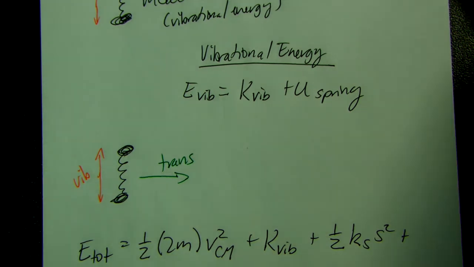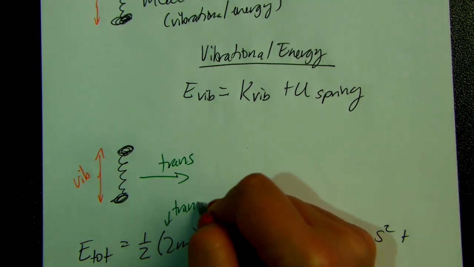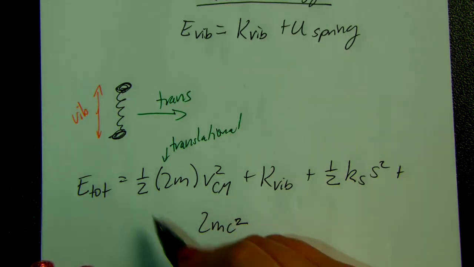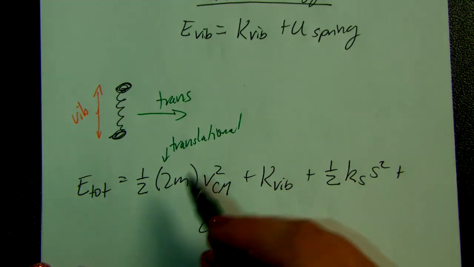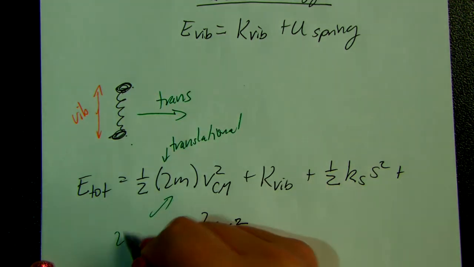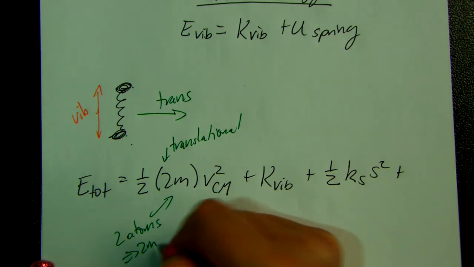And let's go ahead and identify. So this is translational, but we're now expressing it in terms of the center of mass. And remember, there are two atoms, twice the mass.